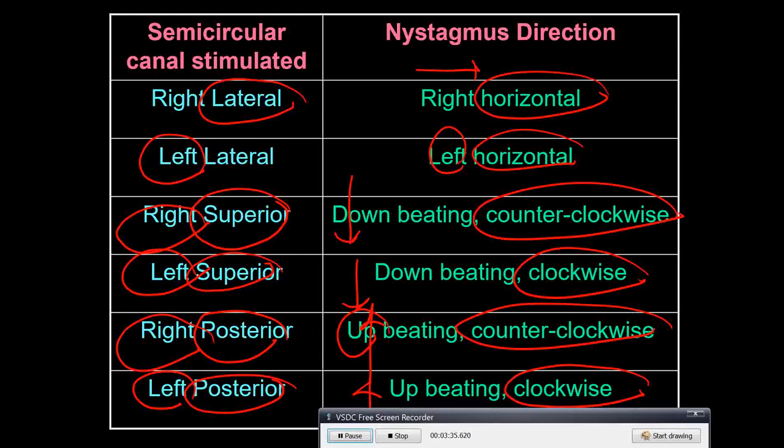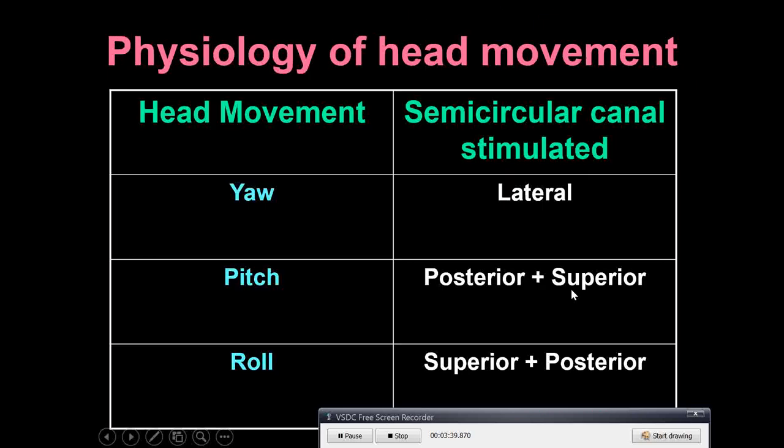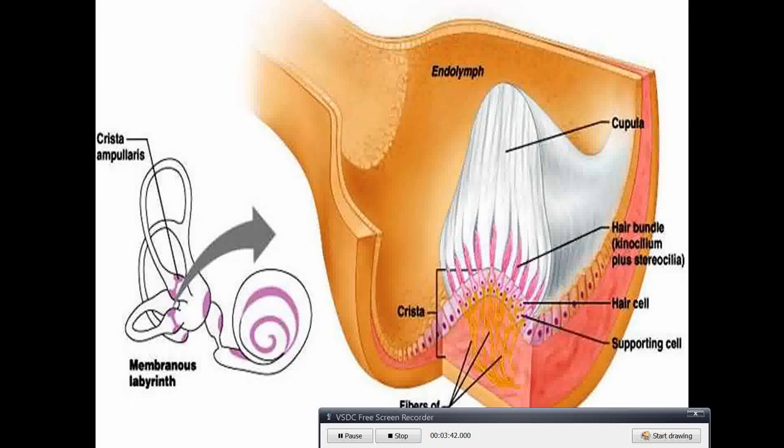So we'll try to sum it up once again, as simple as that. Whenever we are trying to go for this nystagmus, you will have this idea. The lateral semicircular canal pulls it toward the same side, by the method of the CNS we are talking.